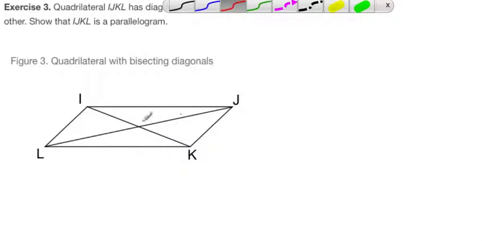Since these two diagonals are bisecting each other, that means diagonal IK will be bisected, hence creating two equal parts, and so as LJ. Since there's a point in the middle, why don't we call it M?